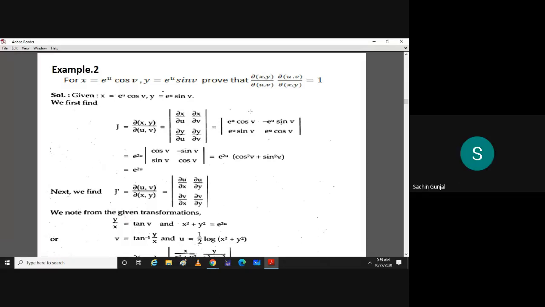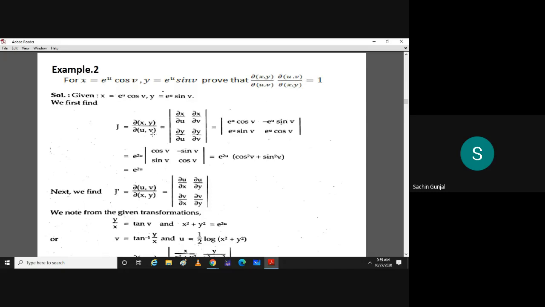Okay, fine. So to calculate this second Jacobian of uv with respect to xy, you need to write u as function of xy. That means eliminate v, and v as function of xy. At that time you eliminate u. So let us calculate it fast.